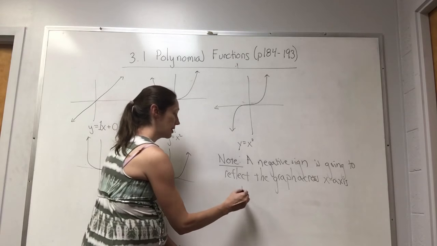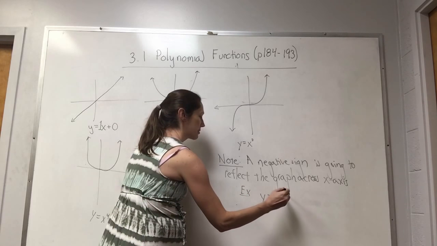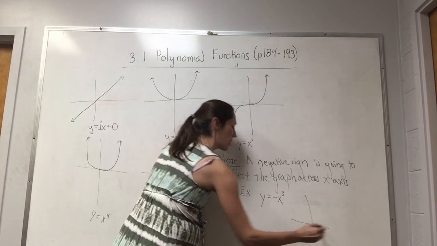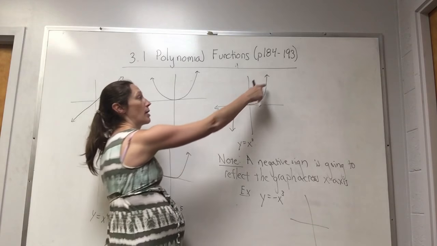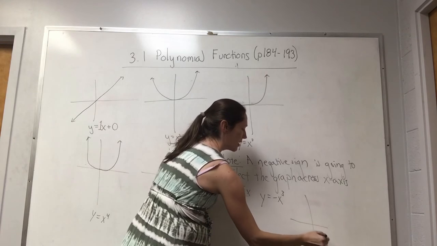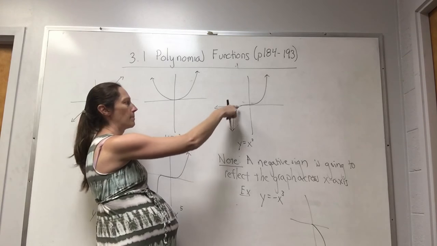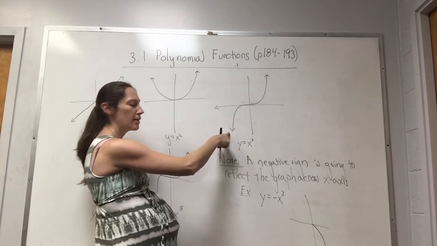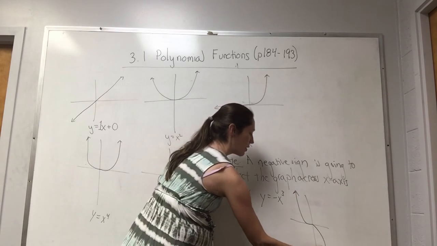So as an example, if I want to look at negative x cubed, the end behavior we talked about is now going to be reversed. Instead of big positive x being big positive y, I'm going to have big negative y because of that reflection. And instead of big negative x being a big negative y, big negative x is going to be big positive y. And I'll have this type of shape.